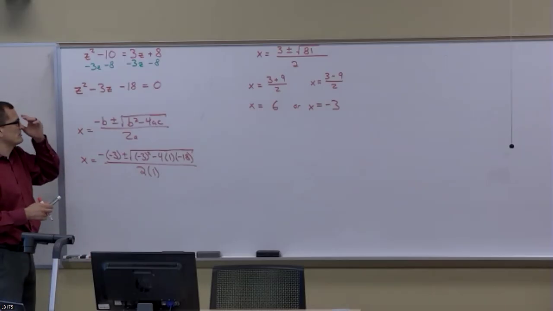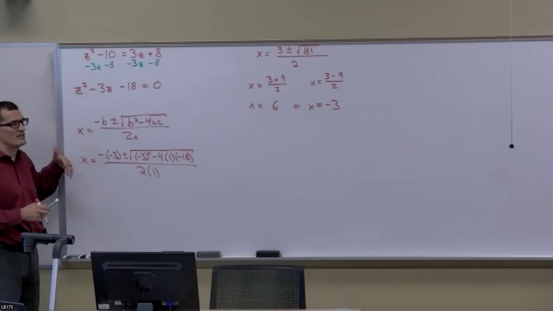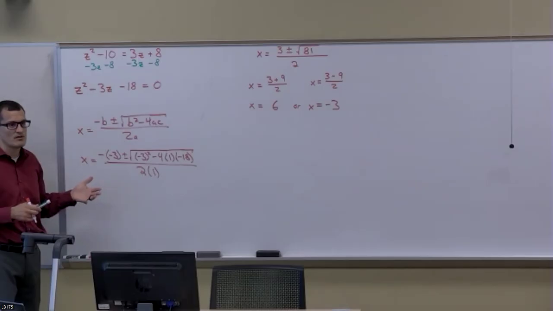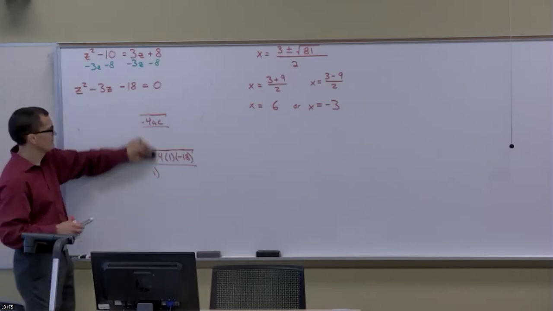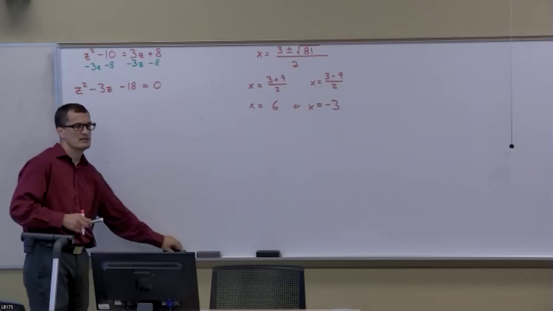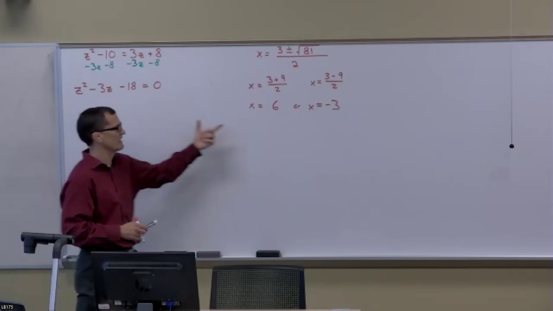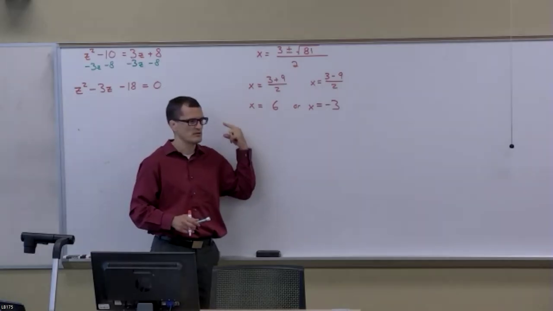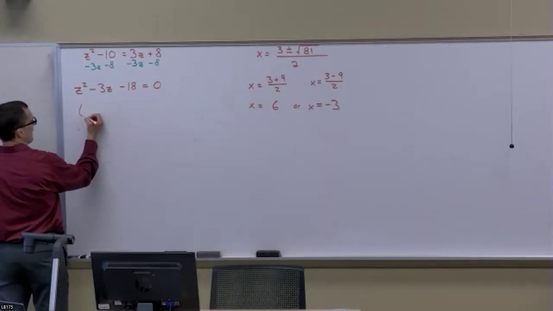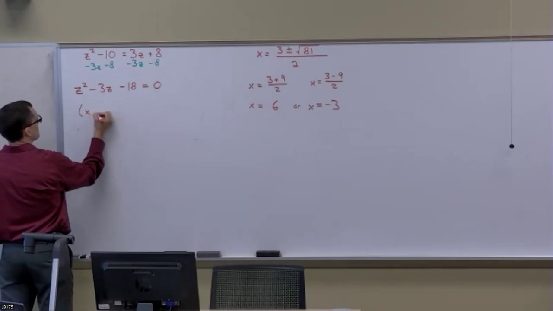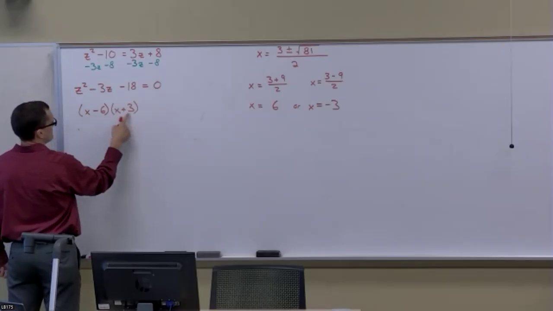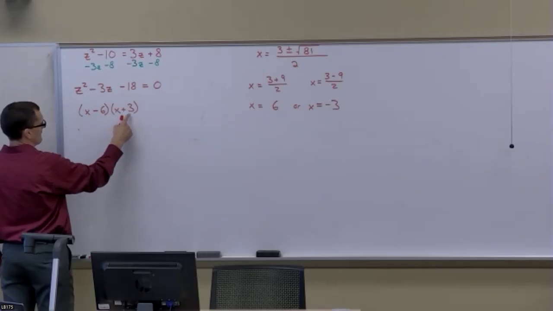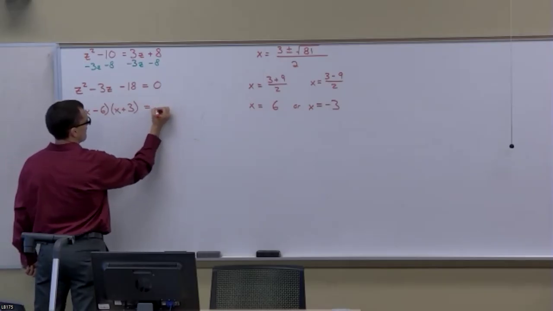So you might say, why didn't we just use the quadratic formula to begin with? Well, because the other methods are often quicker. In fact, in this case, I could have very quickly factored this. Because I ended up with these integer answers, I know it's going to be factorable. So I could have said this is going to be x minus 6 times x plus 3. -6 and +3 multiply to give me -18 and add to give me -3.